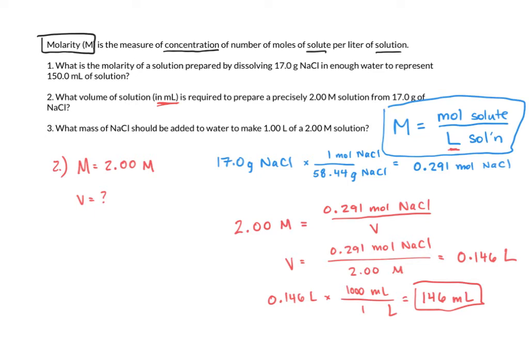So lastly, and perhaps most practically, suppose that we want to make a solution whose total volume is 1.00 liters and whose final concentration is 2.00 molar from sodium chloride. What mass of sodium chloride would we have to measure out in the laboratory in order to prepare the solution outlined in number 3?